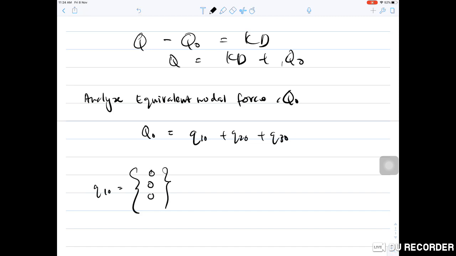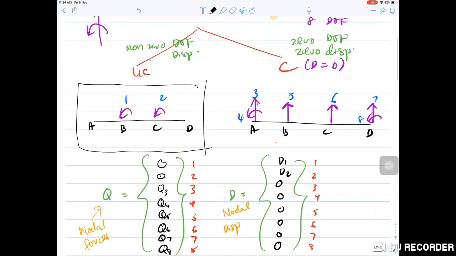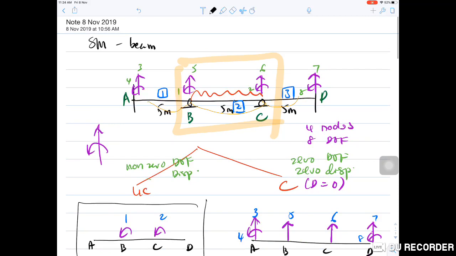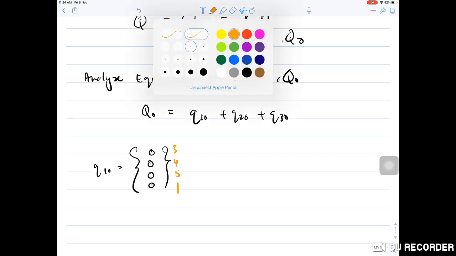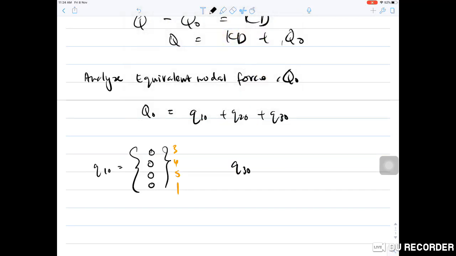So it is 0, 0, 0, 0. The labels: near end is 3 4, far end is 5 1, from left to right as usual. So 3 4 5 1. And for Q3 naught, it is 0 0 0 0.